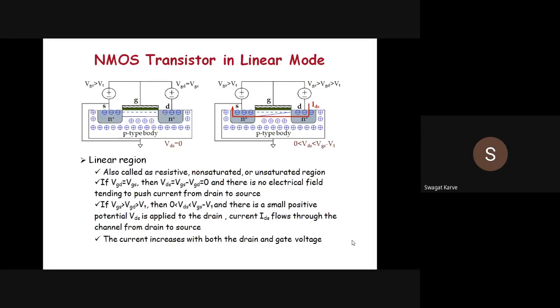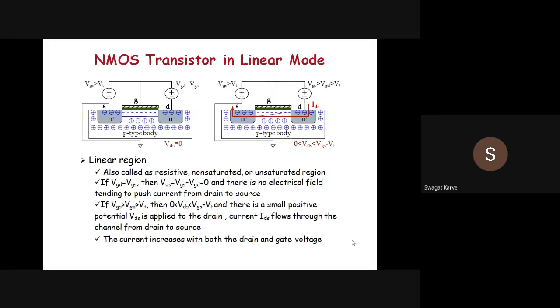Now the next mode is the linear mode, which can also be known as resistive or non-saturated region, one and the same thing. This region has three different names. Now, what is the condition for the MOSFET to enter the linear mode of operation?